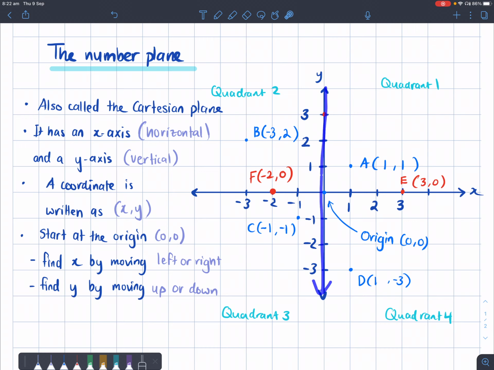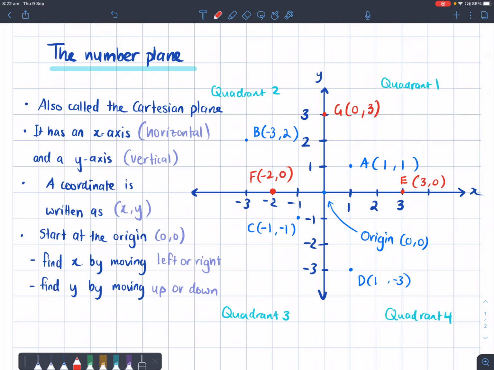So this point here is on the y-axis. Okay, so on the y-axis, I'll have this point, which we call G, and we don't move left or right from the origin, but all we do is move up. So if we don't move left or right, we say the x coordinate is 0, but because we were moving upwards from the origin by 3, we write the y value as 3.